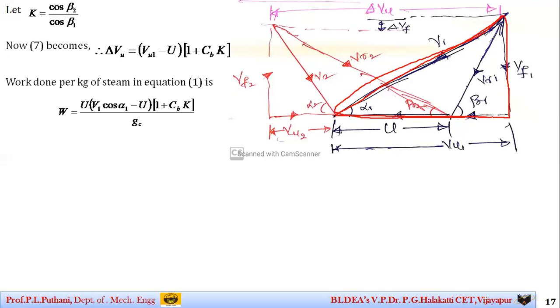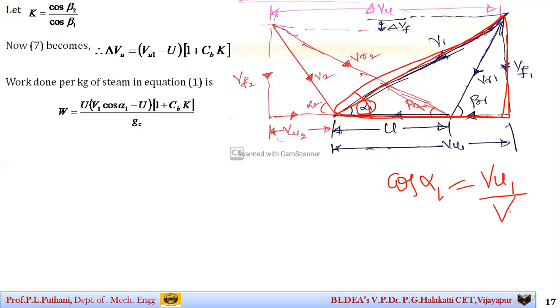If you observe very carefully, this angle is alpha 1. So what is cos alpha 1 from this inlet velocity triangle? Cos alpha 1 is equal to VU1 by V1, or VU1 is equal to V1 cos alpha 1. So the value of VU1, I am substituting as V1 cos alpha 1.